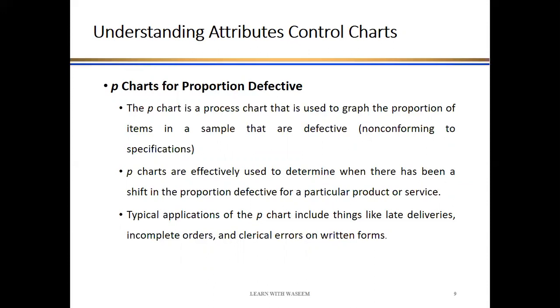Typical applications of the P chart include late deliveries, incomplete orders, calls not getting dial tones, accounting transaction errors, clerical errors on written forms, parts that do not mate properly, and so on.